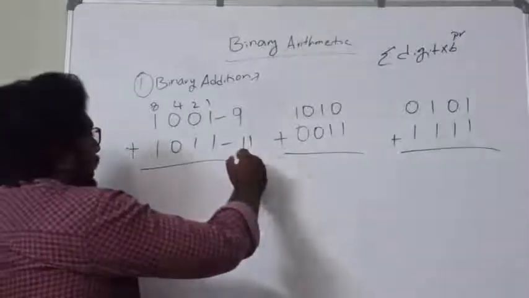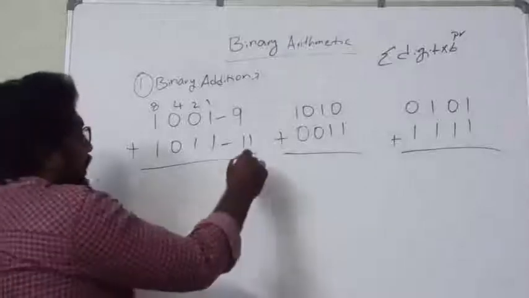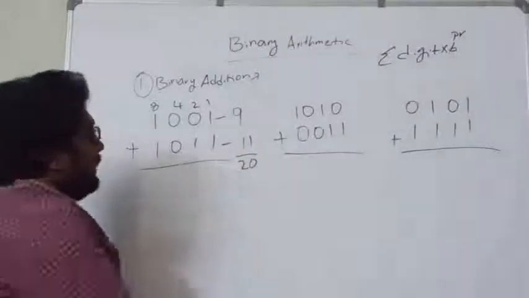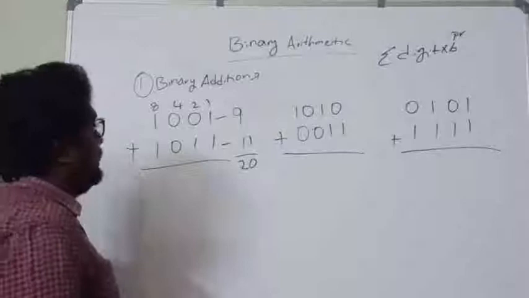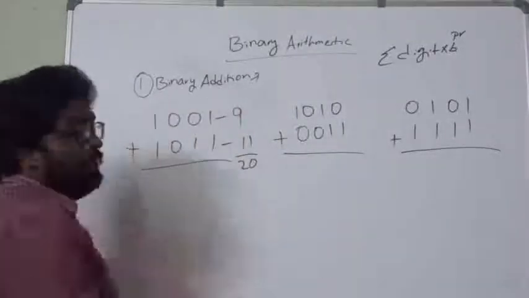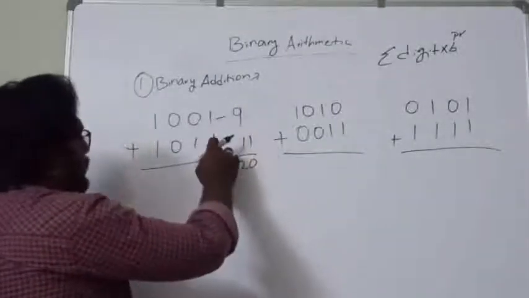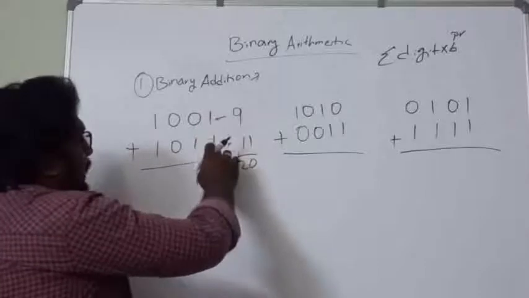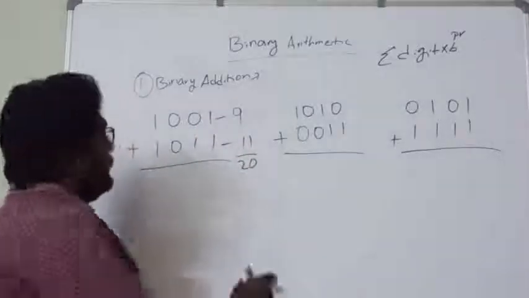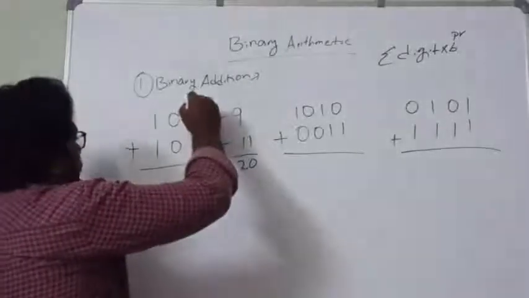So the addition of 9 plus 11 is 20. Now we have to get the binary equivalent for this 20. Let us see the addition operation with the rules that we have seen before. On adding one higher bit with the same higher bit, the resultant will be 0 with carry 1.